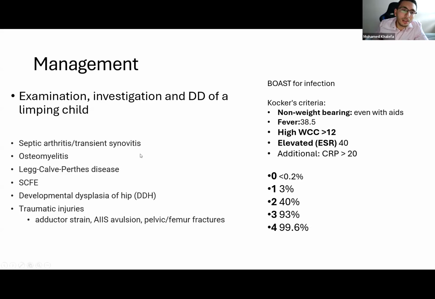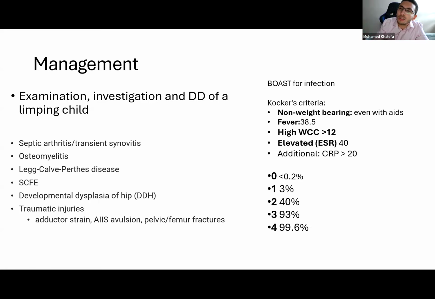Can be transient synovitis, a diagnosis of exclusion. Osteomyelitis, again, proximal femur osteomyelitis would present similar to this. Perthes disease, SUFE. DDH, very rare. I mean, in Egypt, yes, you will find a limping child 5 years old with neglected DDH. But here, DDH would be picked up early, unless there are some immigrants coming here and not through the healthcare system, but very rare.